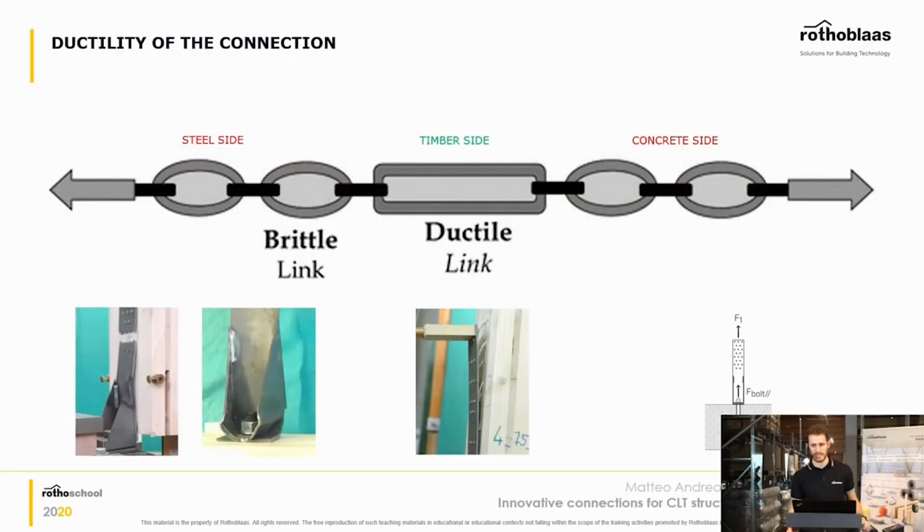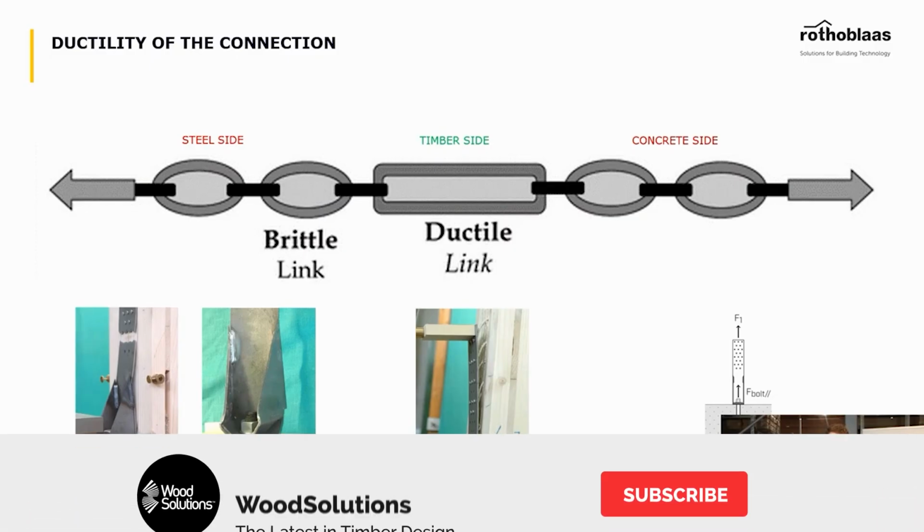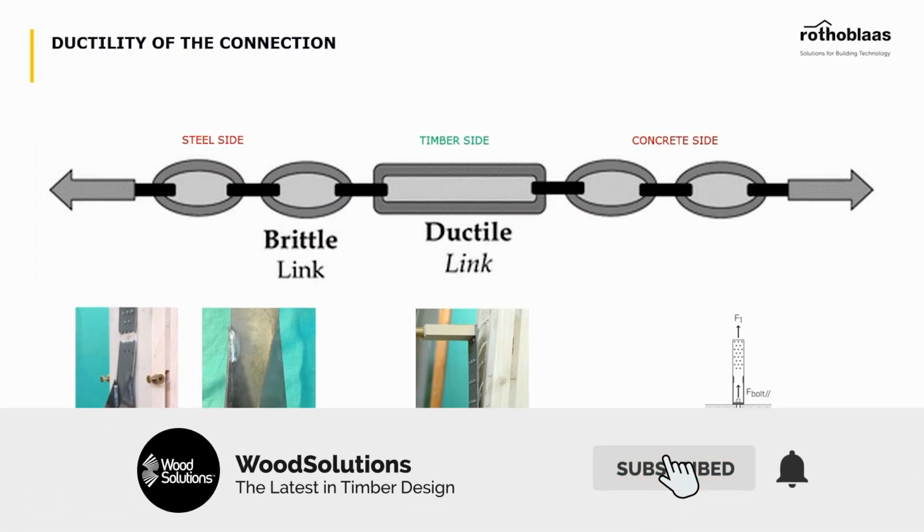So as we were saying before, the ductility of the connection is very important, because as you all know, timber is a very strong material. It's very lightweight and its resistance is very high. The only issue that we have with timber structures is that timber is a fragile material.